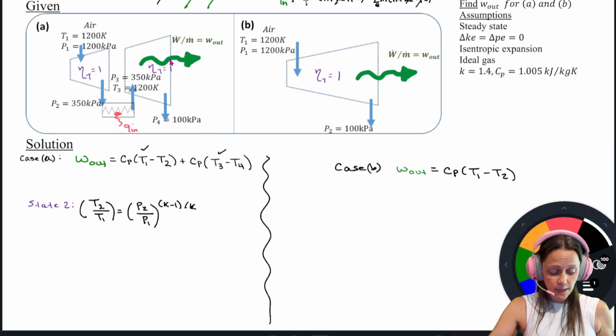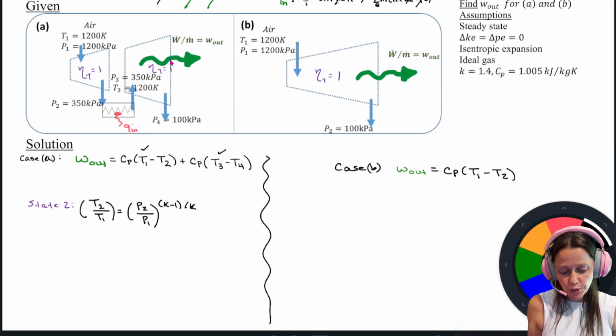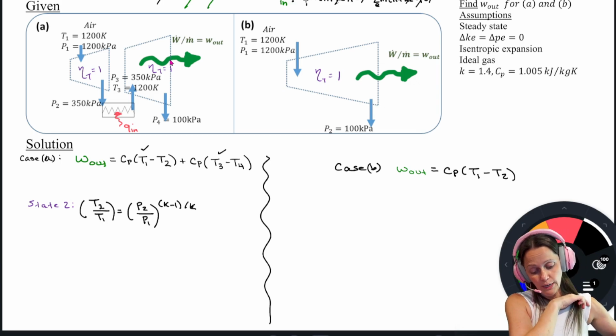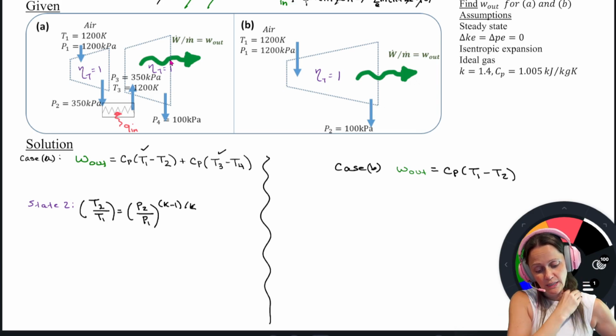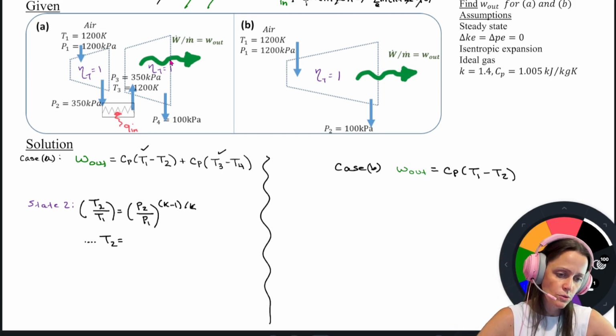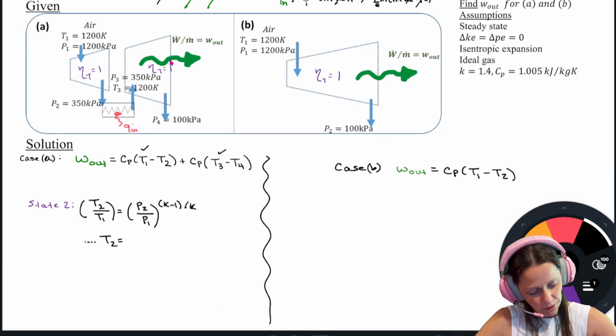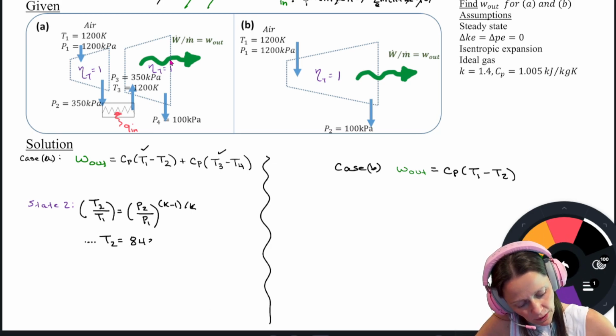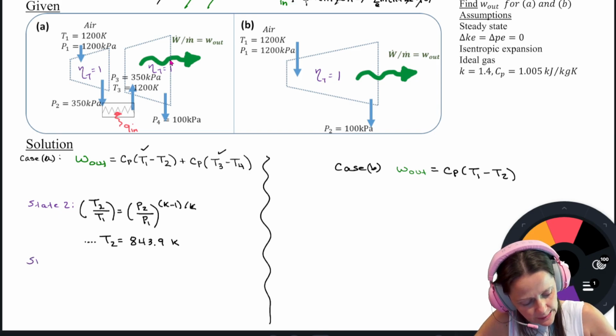I know what k is. k is 1.4. I know T1. I know the pressure ratio because I know each of those pressures, right? So I could just directly calculate it. And I've got a T2 of 843.9 Kelvin.